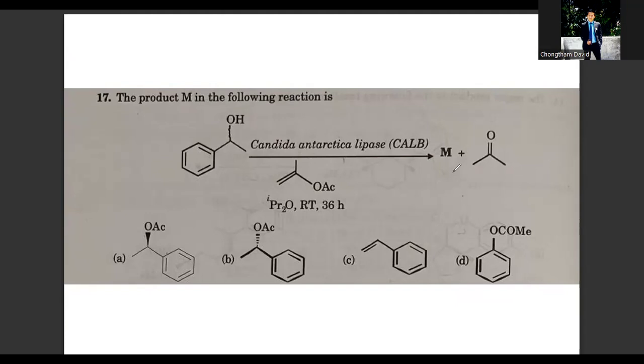And the products, let us identify here: C6H5CH2OH, and this is acetone.